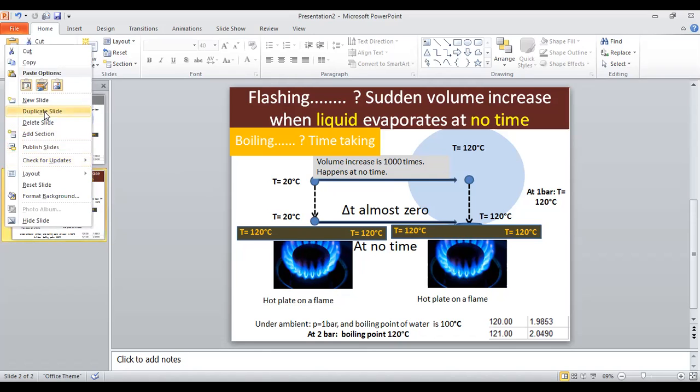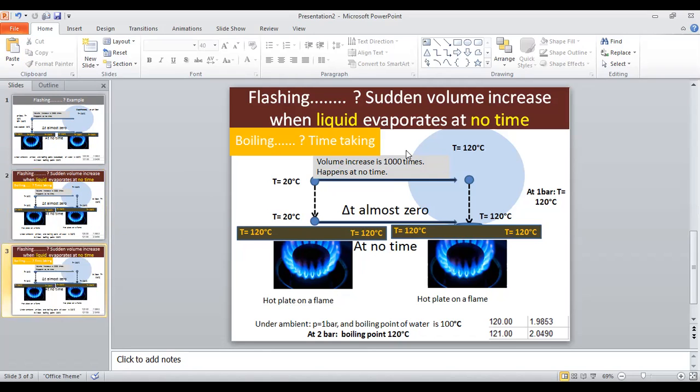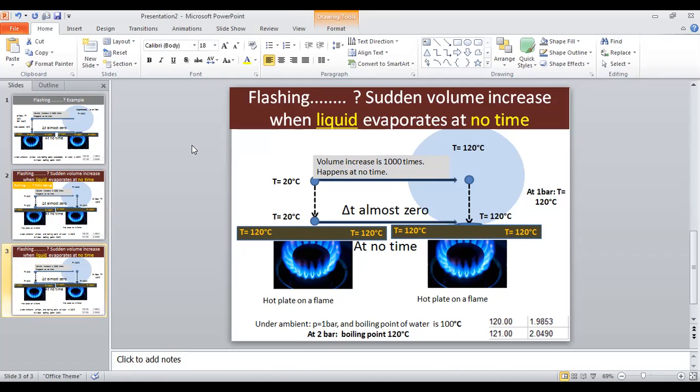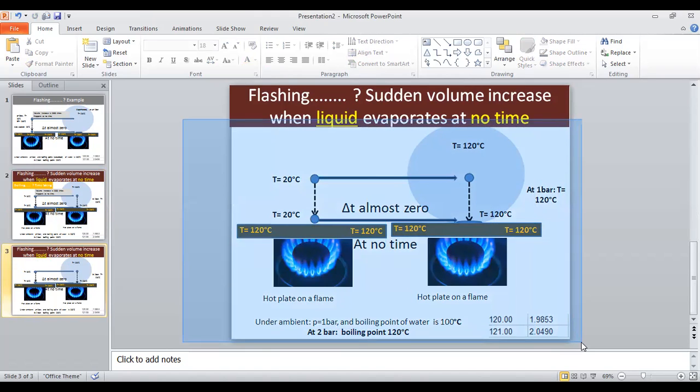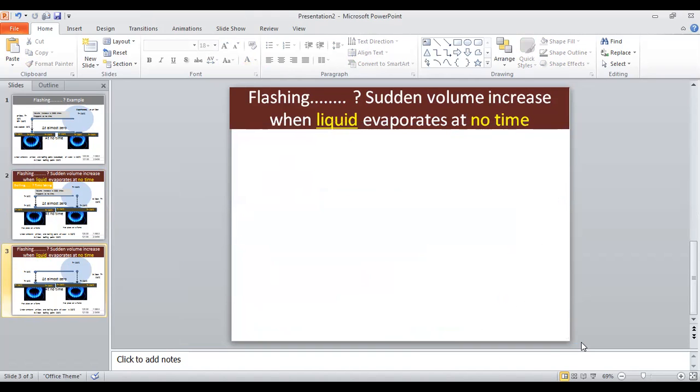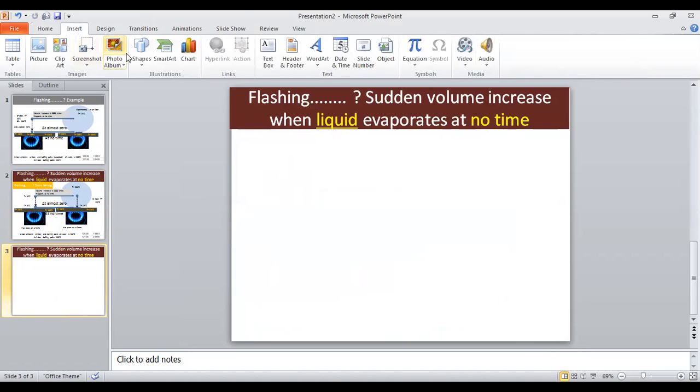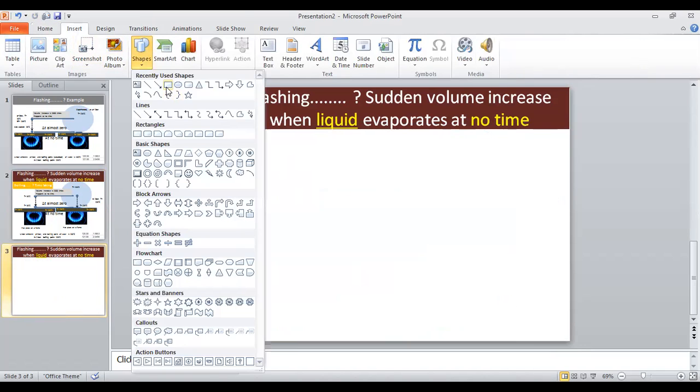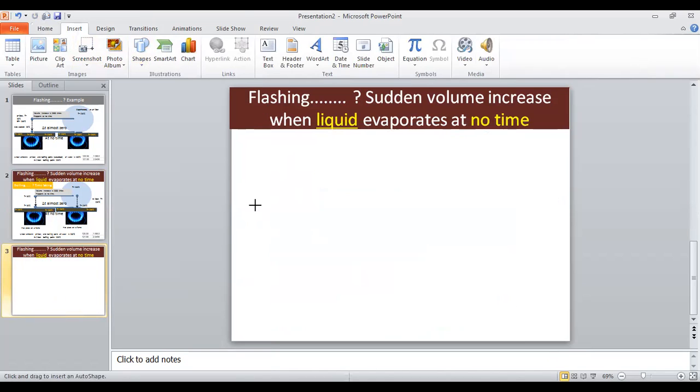one more example. Let's say, same way here, I take all out. Now I will take a cylinder.